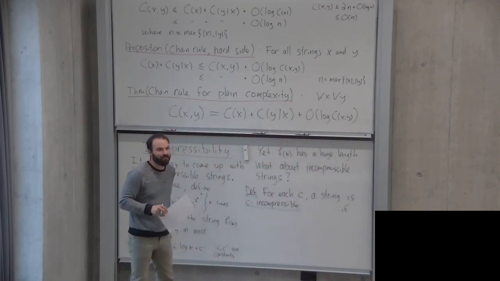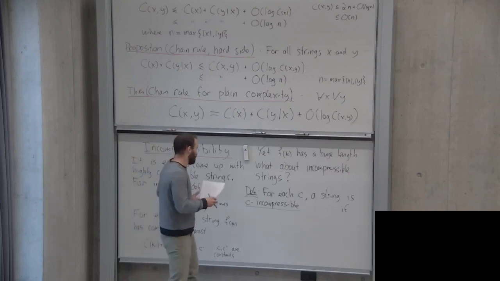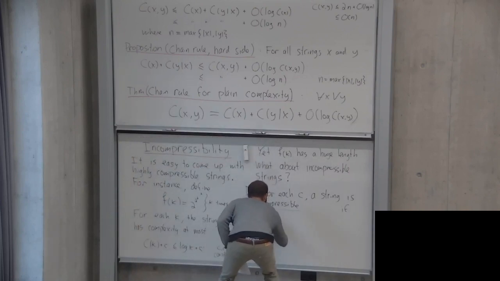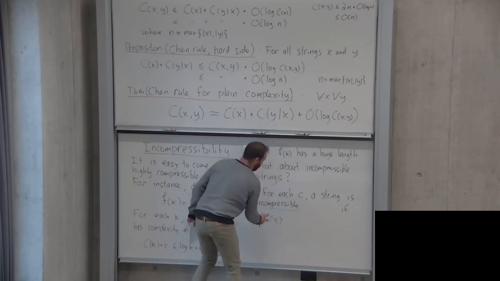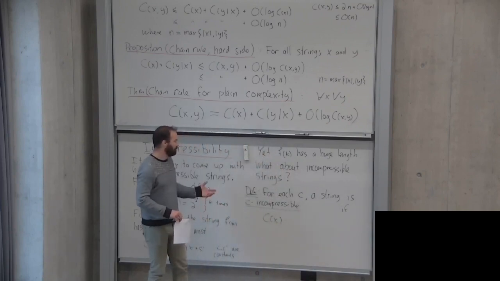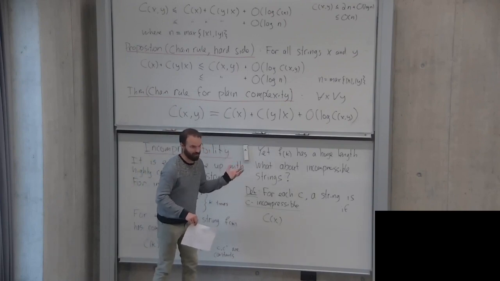Well, how would you naturally come up with a definition which relates, I'm going to give you a hint, obviously, to C of x. The smaller C is, the more incompressible it is.